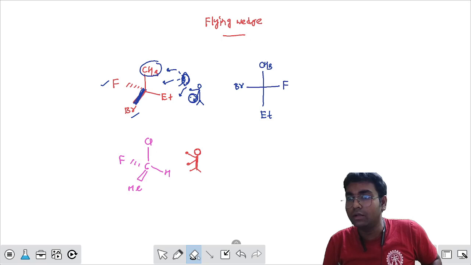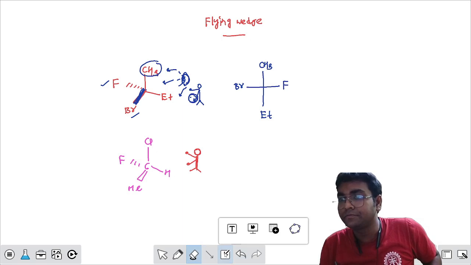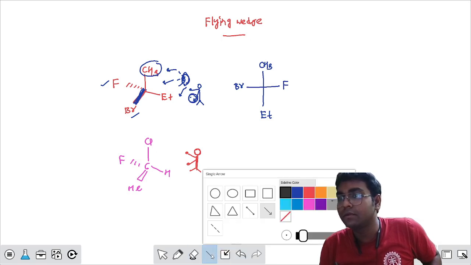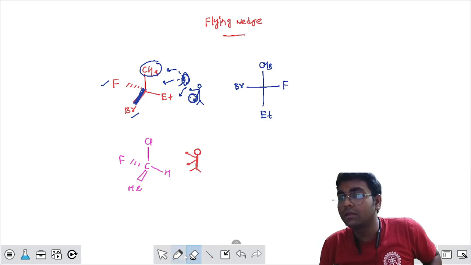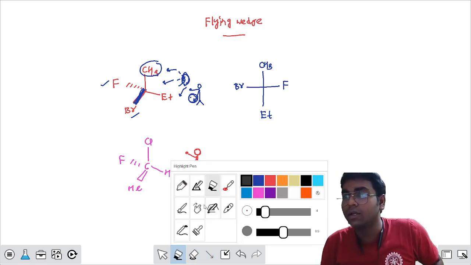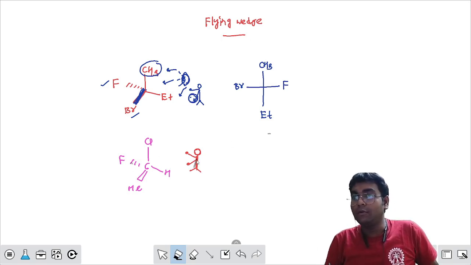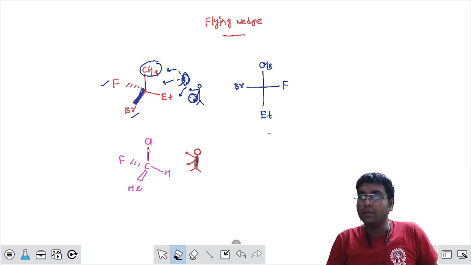Let me look whether I have a highlighter or not. Okay, so this is the highlighter. So we can see that his body is lying over this one, right? The C-Cl and C-H bond.